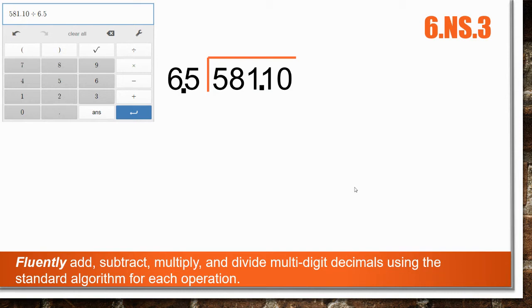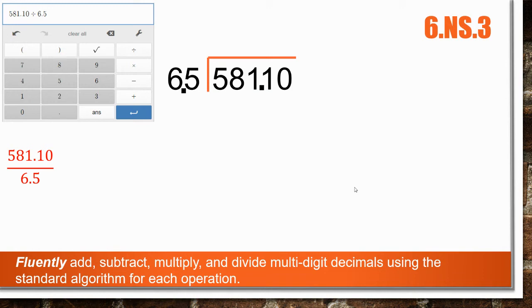Now, the problem is I want to always divide by a whole number. So what should I do? Well, I'm going to rewrite this problem for you. I'm going to rewrite it vertically, 581 and 10 hundredths divided by 6 and 5 tenths.